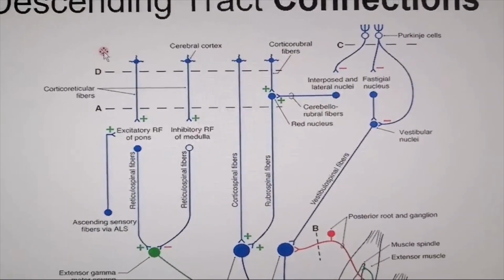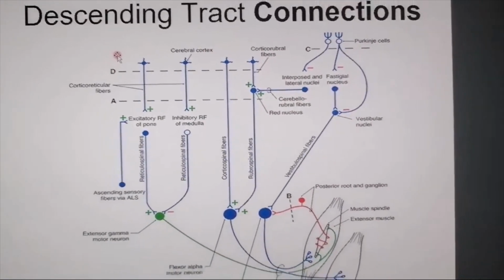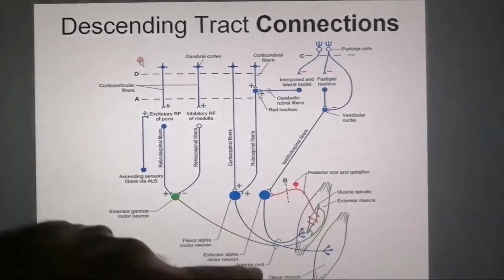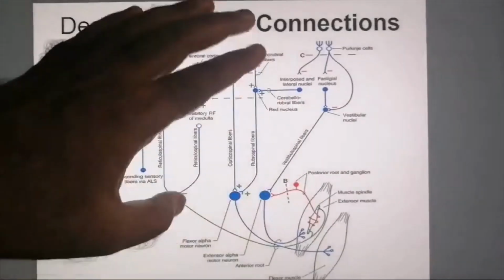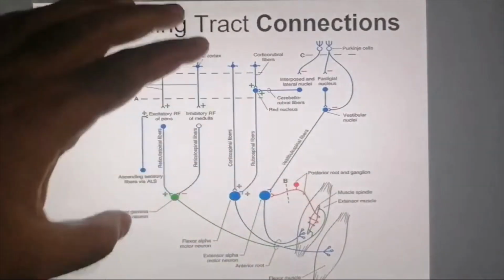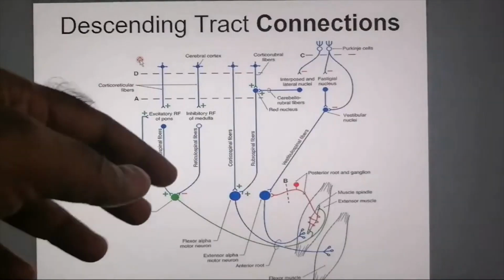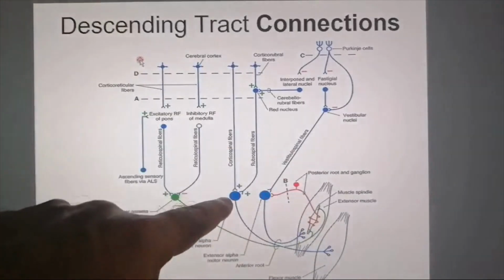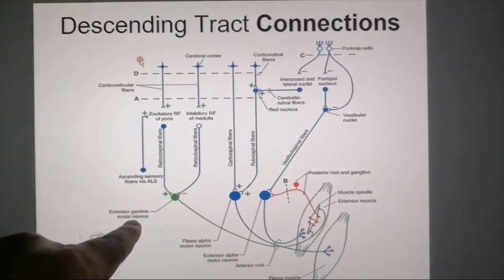I'll just zoom out for a bit. Here you have the muscles, the recipient of the whole program. Do you see the orientation now? The spinal cord is represented by these fibers, and these are the motor neurons.